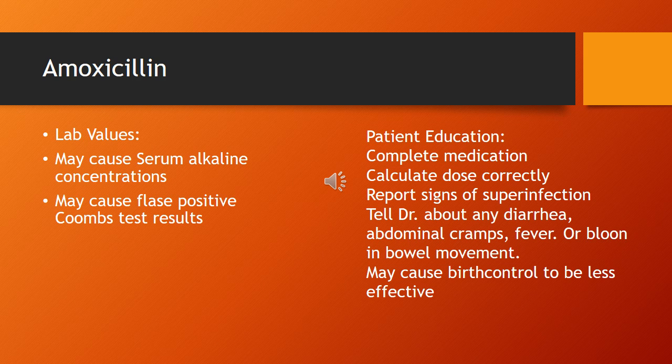So teaching our patients this is obviously very, very important. And then instruct female patients taking oral contraceptives to use an alternative non-hormonal method of contraception during therapy of amoxicillin until their next period.